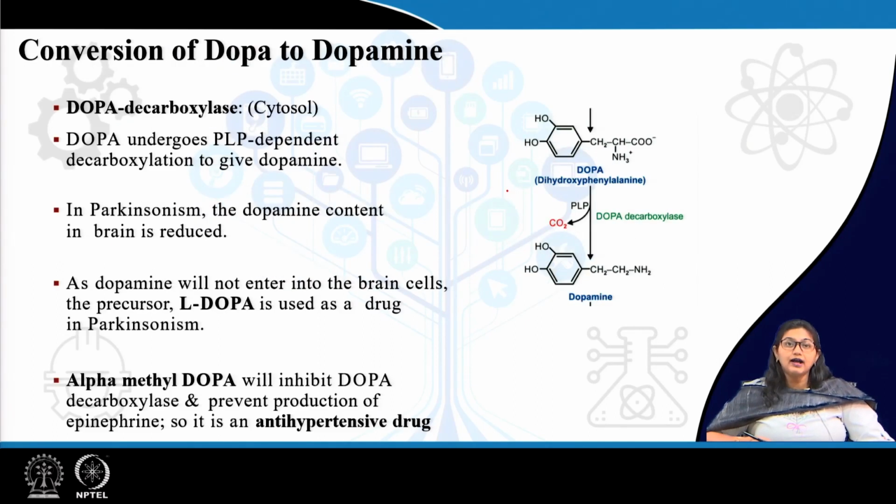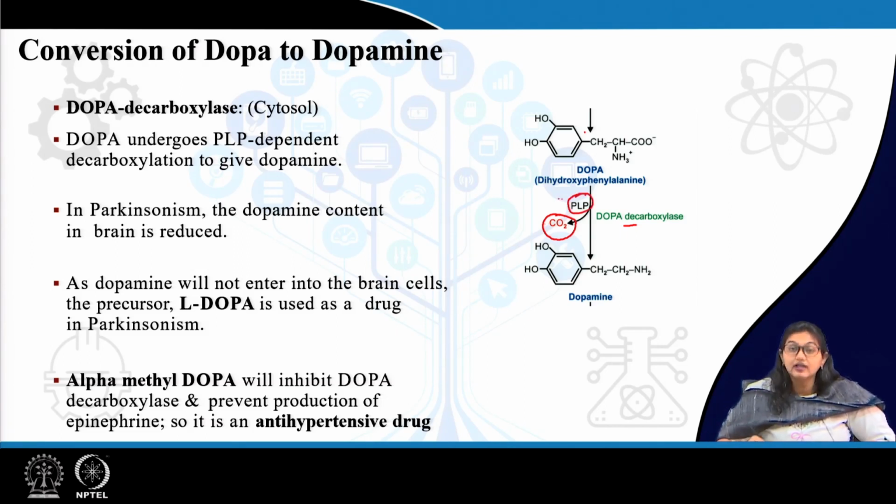Now, from dopa there is formation of dopamine with the help of the enzyme dopa decarboxylase. Basically there you can see one carbon is less in dopamine. So, there is decarboxylation, and like all other decarboxylations, here the cofactor is pyridoxal phosphate.